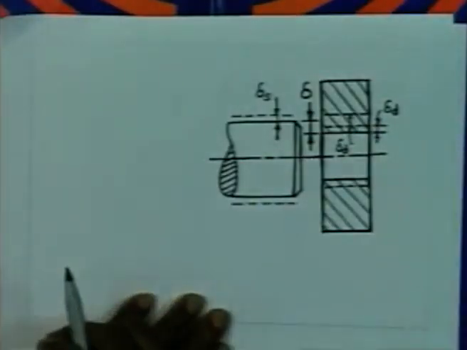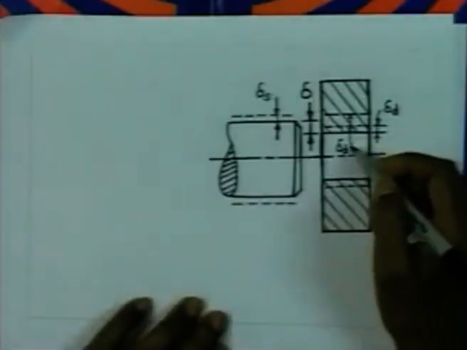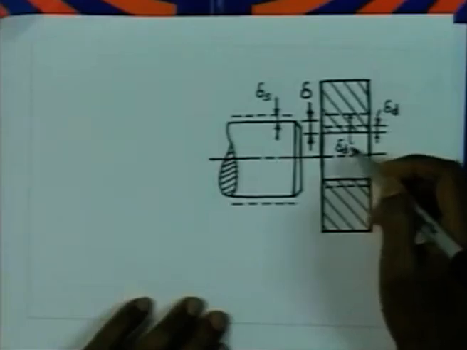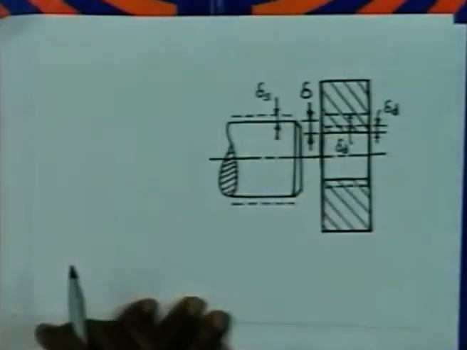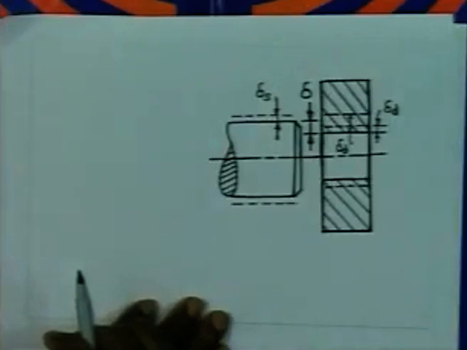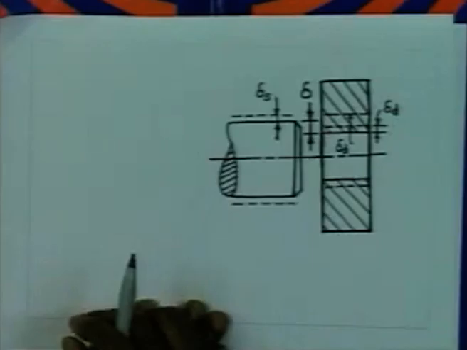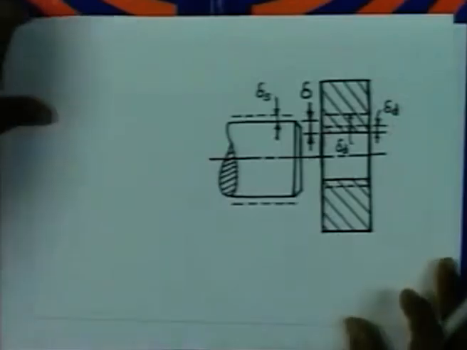Herein, of course, the rotational speed is an unknown, and once you see that the increase in inner radius of the disc is equal to the initial interference plus the increase in radius of the shaft, that gives an equation involving the speed. So, your speed is the only unknown, and you have one equation, that delta D is equal to delta plus delta S. So, we would like to continue solving this problem.